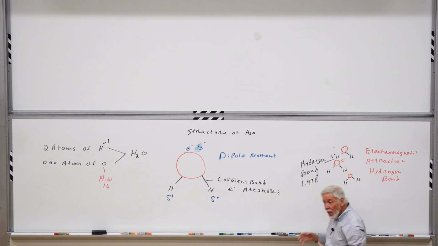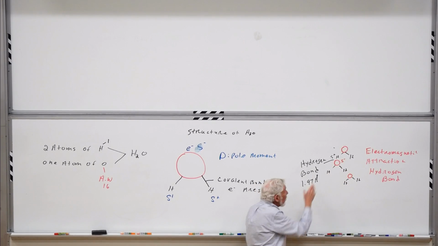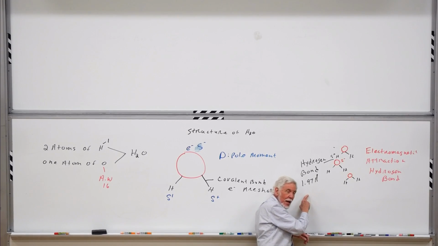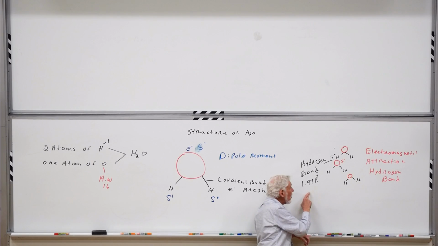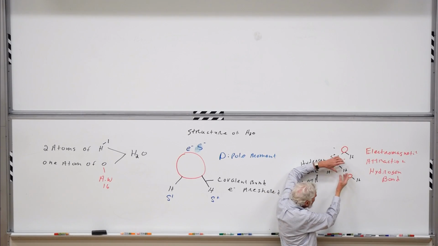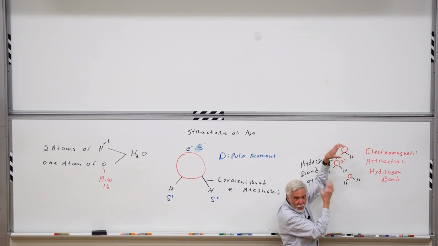And when we form ice, when we take enough energy out of the system, this hydrogen bond length gets a little bigger. Goes from 1.97 to just a little bit longer. It seems like an insignificant change, but it has enormous effects. Because what it means is that when water freezes, and because the hydrogen bond lengths become greater, water expands when it freezes.